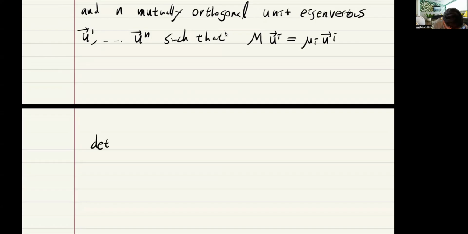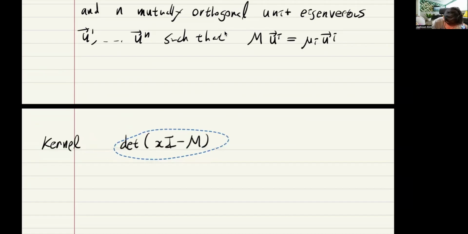For example, how do you obtain an eigenvalue? You find the roots of the determinant of x I minus M, and that could have multiplicity bigger than 1.